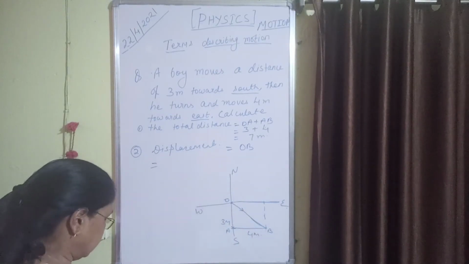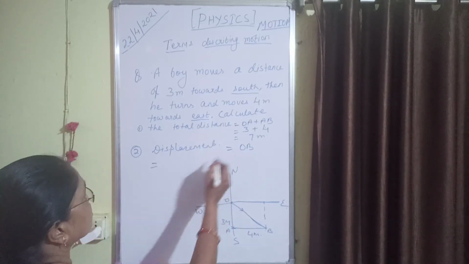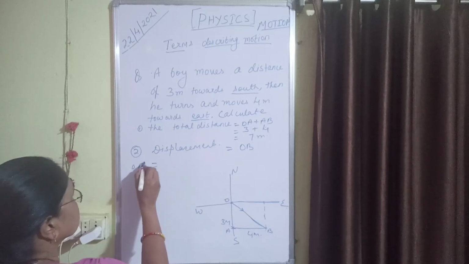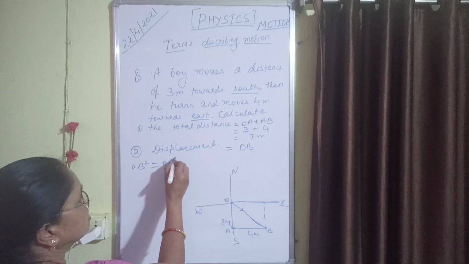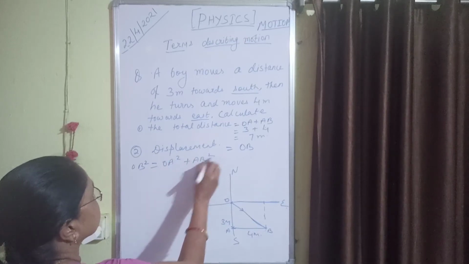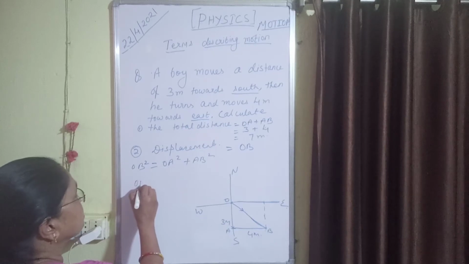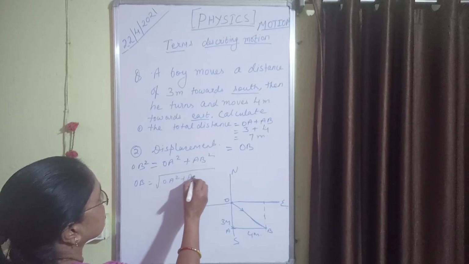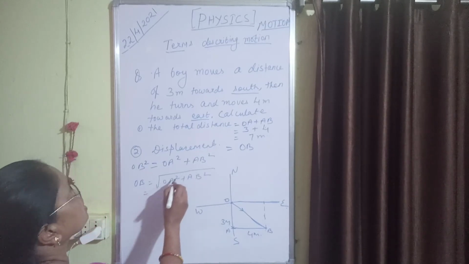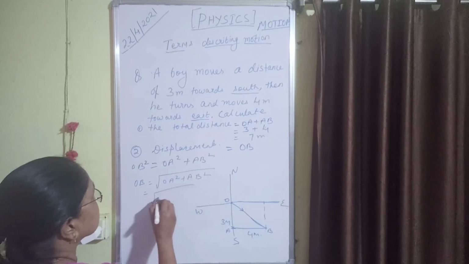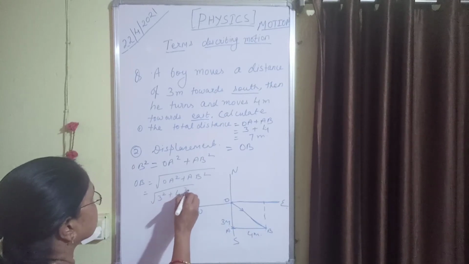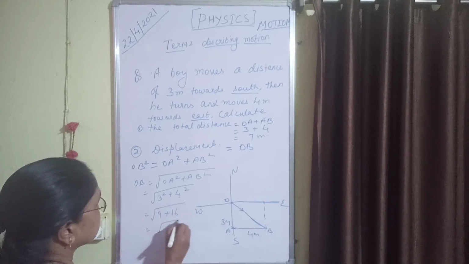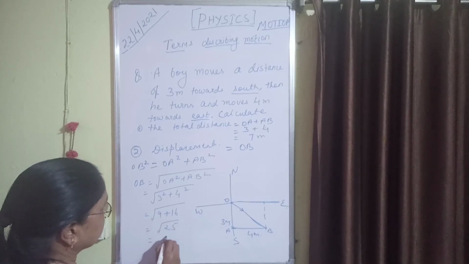So if I am writing this one as directly OB, that is OB is equal to, अगर हम इसको लिखते हैं OB square is equal to OA square plus AB square. So square हटाएंगे, when we remove square we are writing square root OA square plus AB square. So we are getting OA क्या है 3, that means square root 3 square plus 4 square. So we are getting 9 plus 16, we are getting 25, that is 5 meter.